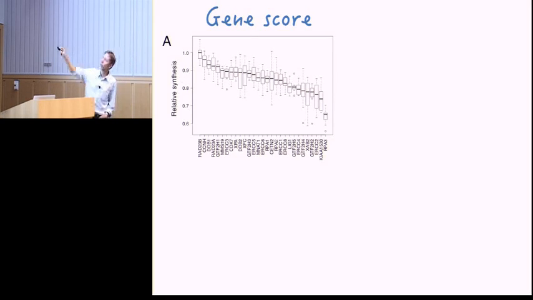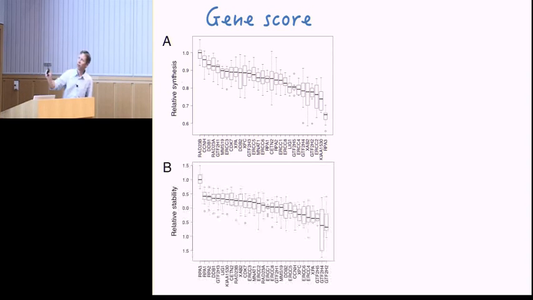Here we see the RPA, as I showed before, very poorly synthesized, and you can rank them. The same for stability, you can rank them. Here you can see the RPA switching from poorly synthesized to very stable. So that's how it maintains a homeostasis of expression.